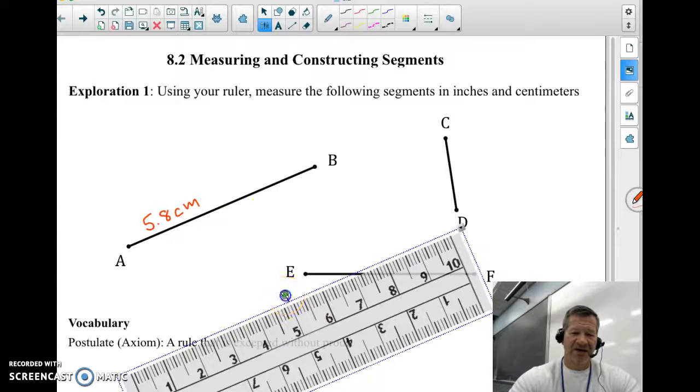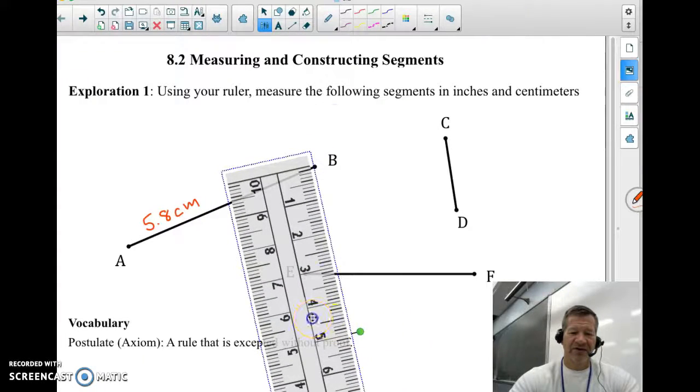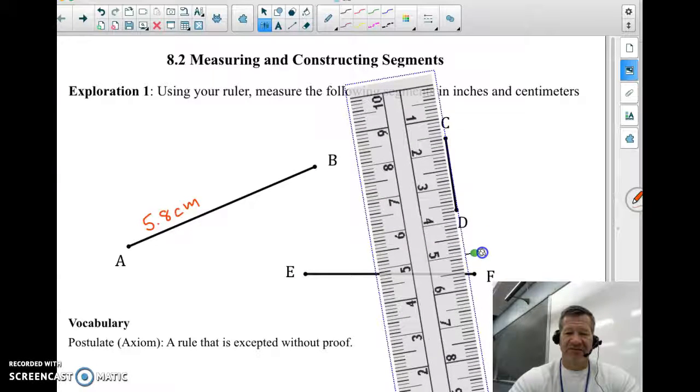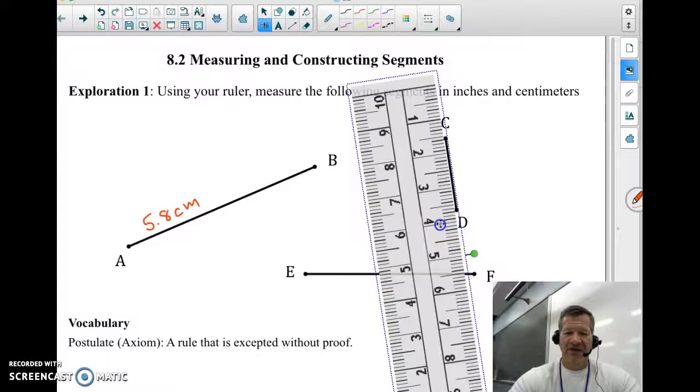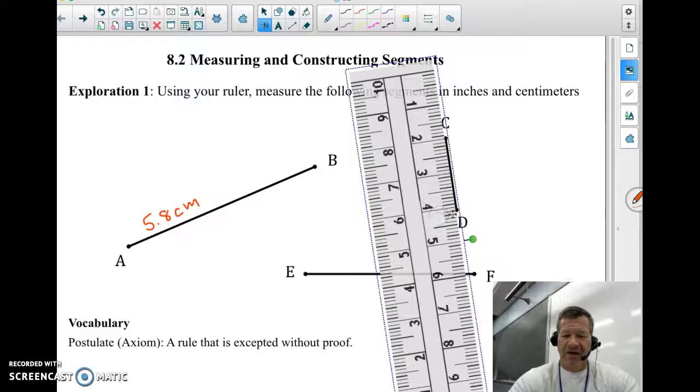Now let's see if I can measure CD. I want to turn it this way. I'm going to measure this one a little bit differently just to show you the ruler postulate. The ruler postulate says that these points can be anywhere, so I don't have to put C at the end. Let's say I put C at 2, and then D is at about 4.1.